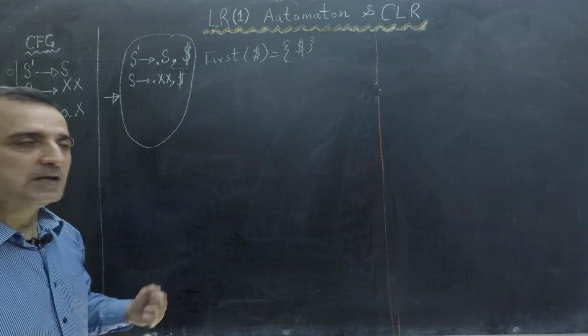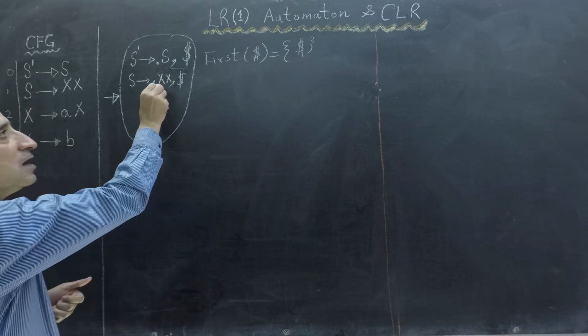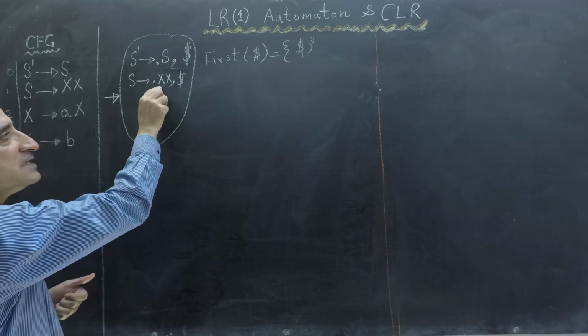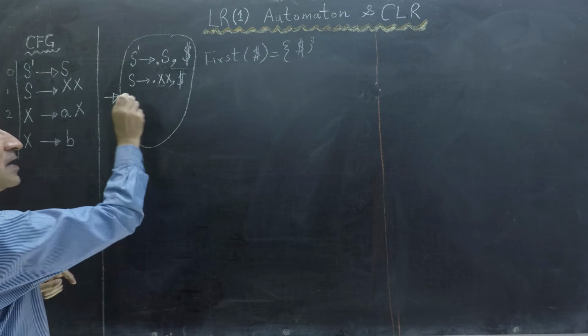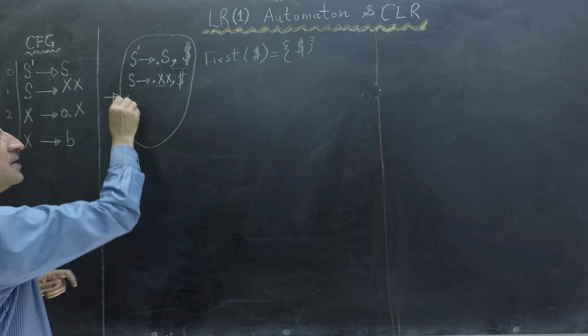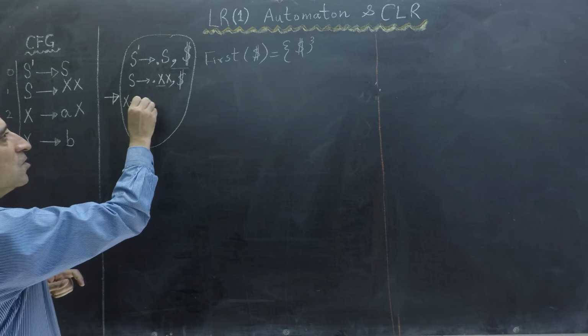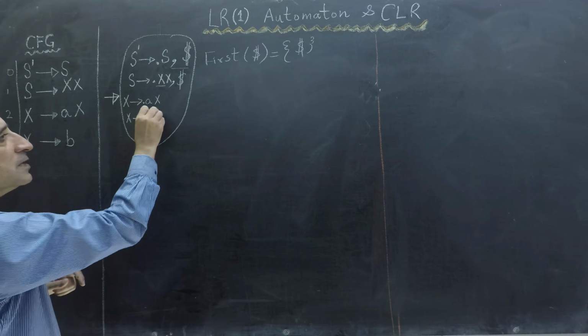Now look carefully, because now the thing is going to be more interesting. Now I have to add productions because of this X, as the dot is before a non-terminal. So I will add all the productions of X because of this X. I will add here X goes to dot AX and X goes to dot b.